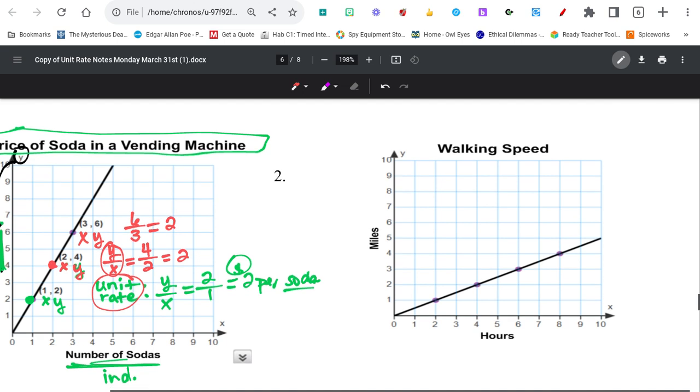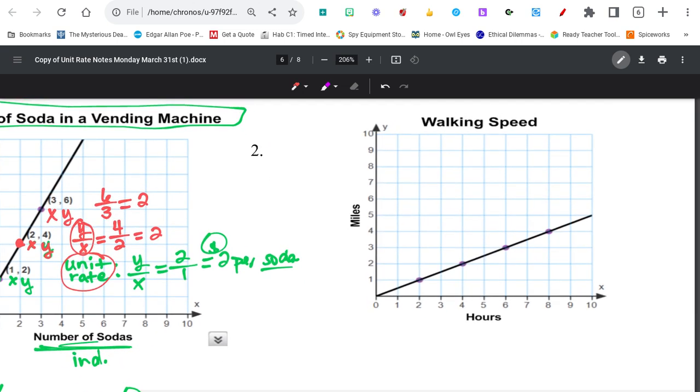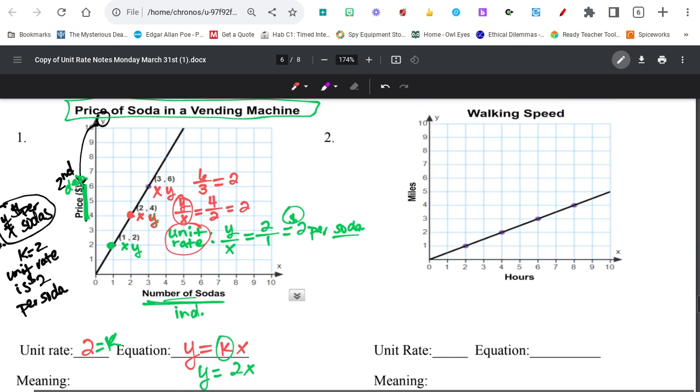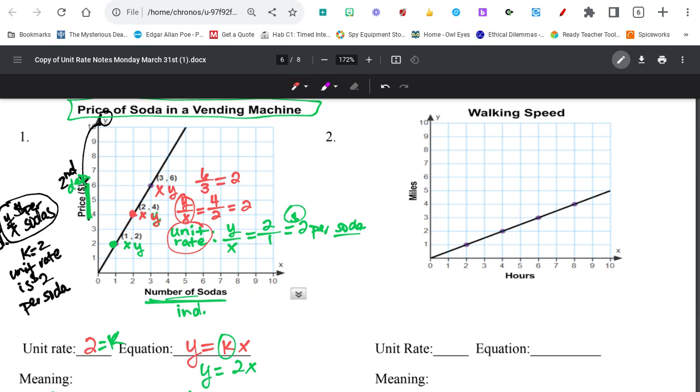Okay, let's take a look at walking speed down here. I'm going to find the unit rate. To find the unit rate, I'm just going to name an ordered pair, because here I have an x of 1, but I can't tell what y that is. I have to estimate it, so I'm not going to use that little trick. What I'm going to do is name an ordered pair. That's to the right 4, an x of 4, and that is a y of 2.